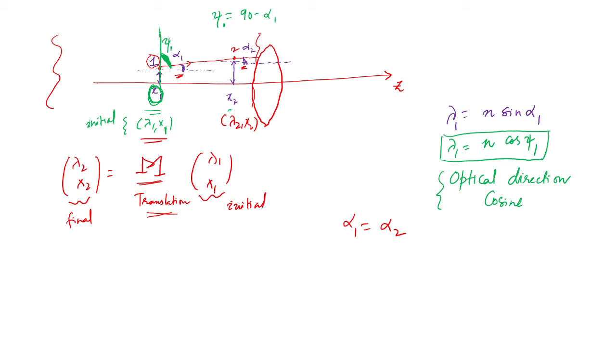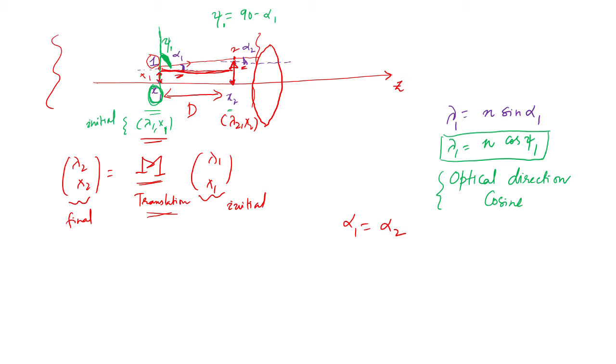Now if I call this distance between x1 and x2 as d, then you can see that I can write x2. So this whole thing is x2 here, and this part is x1.